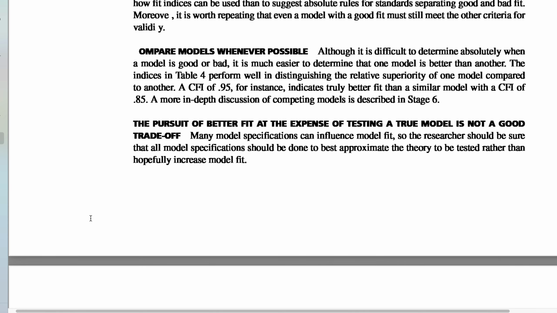The pursuit of better fit at the expense of testing a true model is not a good trade-off. Many model specifications can influence model fit, so the researcher should be sure that all model specifications are done to best approximate the theory to be tested rather than to hopefully increase model fit.